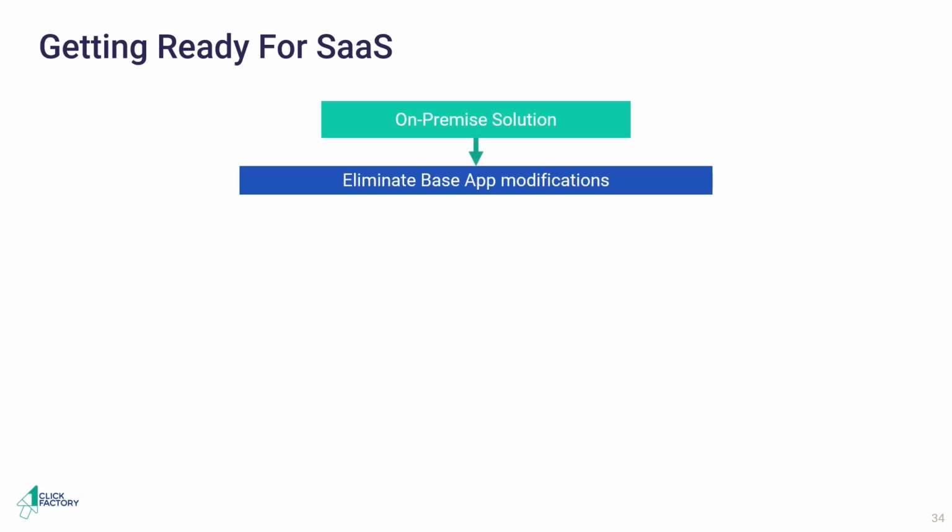And to get ready for the SaaS, let's say that I have already moved my code to an on-premise solution on the newest version of Business Central, and there are a couple of things that I need to fix. The first thing is, if I still have some base app modifications, I need to remove these base app modifications or move them to the extension that I'm going to publish on the SaaS solution.